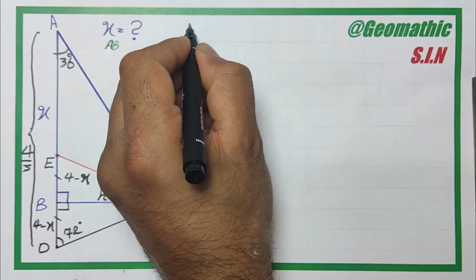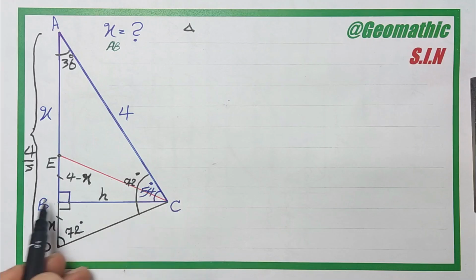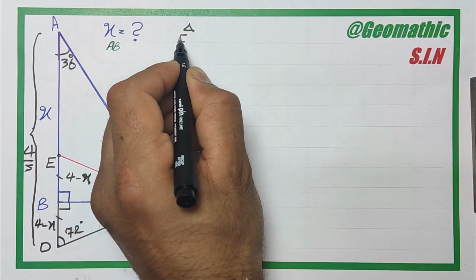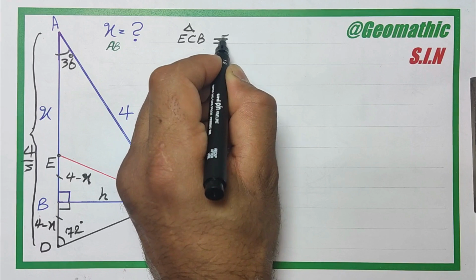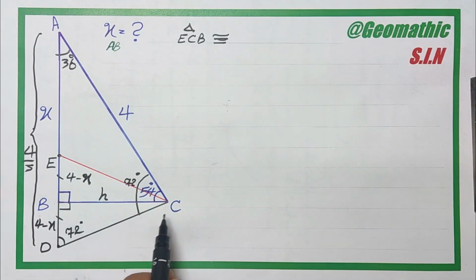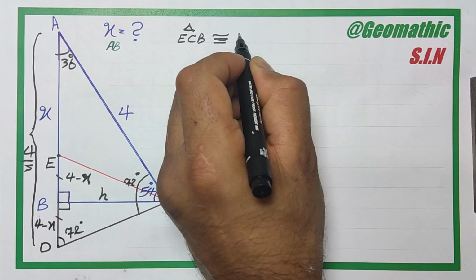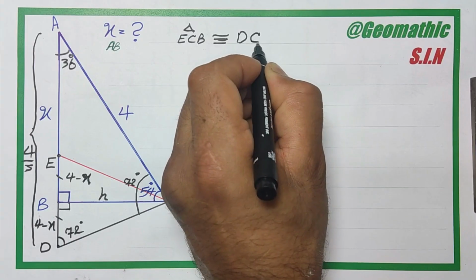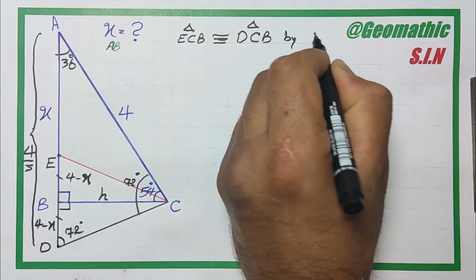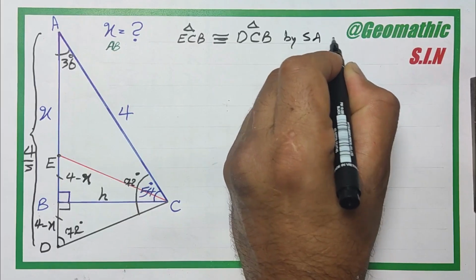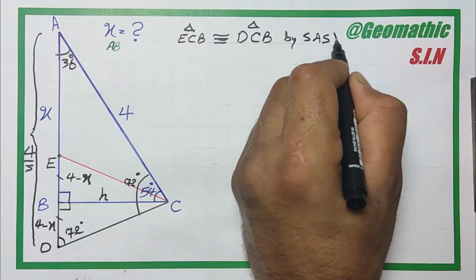I write that triangle ECB is congruent to triangle DCB, by side, angle, and side.